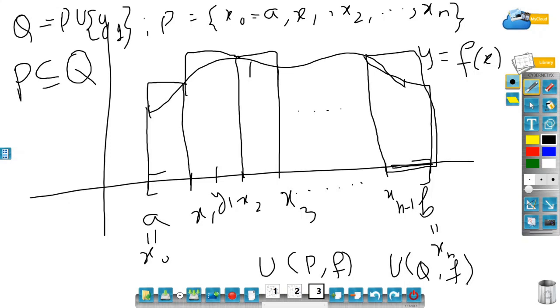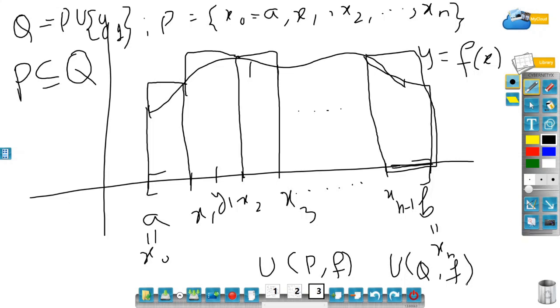Now you can observe that U(P, f) has n rectangles, because x0 comma x1 will give me one rectangle with base x1 minus x0. Similarly the second rectangle, third rectangle, up to the nth rectangle we will have. So U(P, f) has the area of n rectangles.